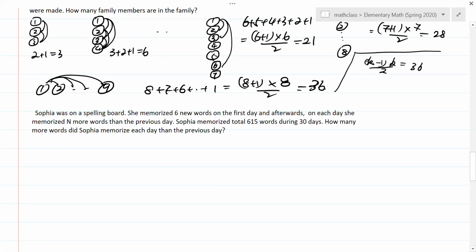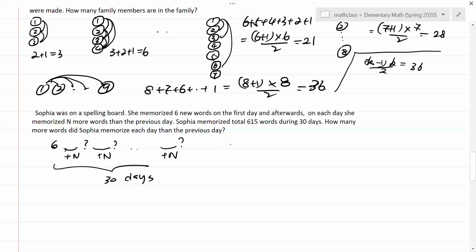Wow. Okay. So you begin with a 6. You add some number. We don't know how many. This is the second number. And then you add another, the third, and so on. So we don't even know the last one. But in total, we have 30 days.